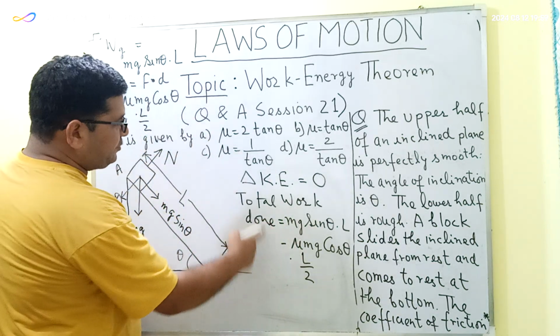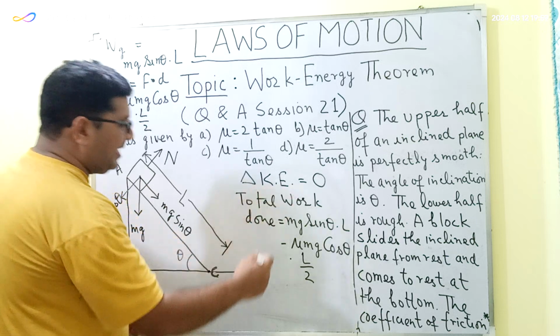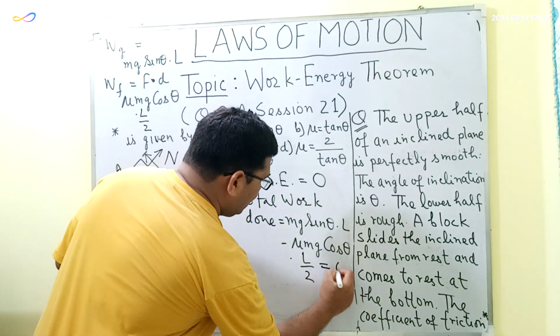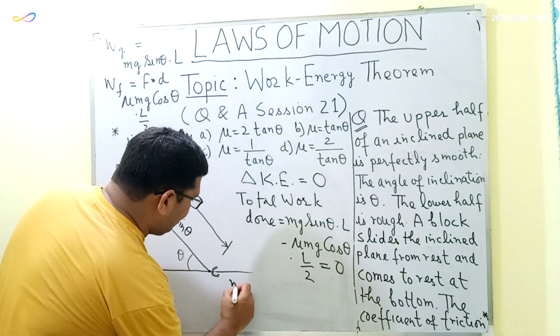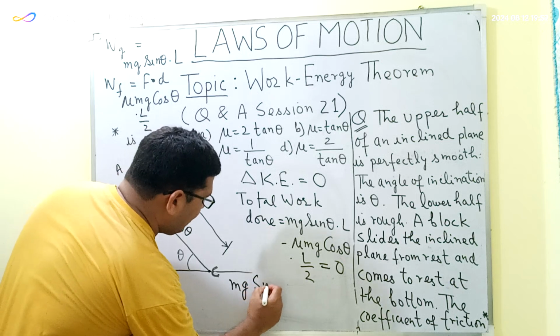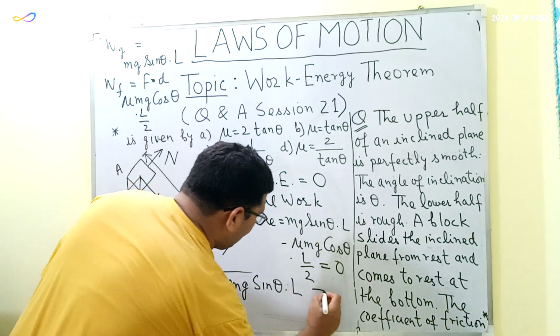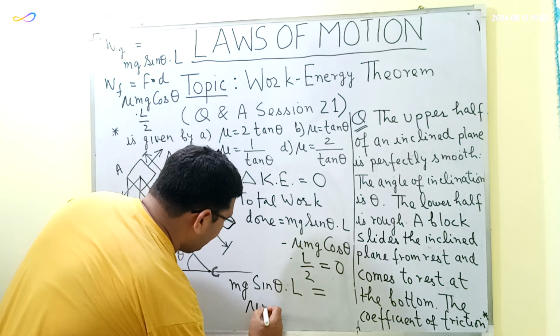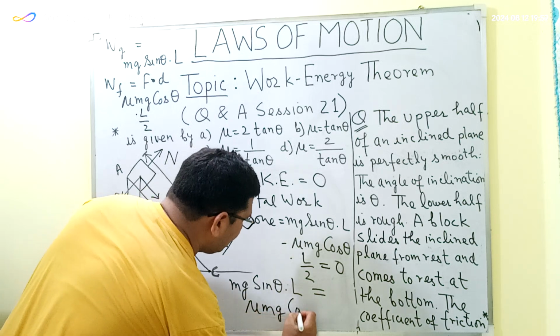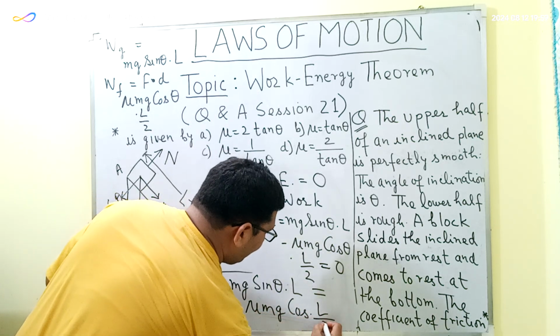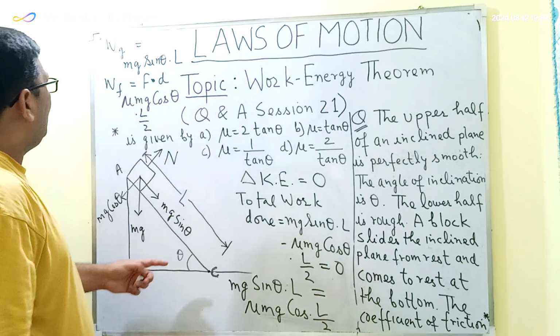Now this total work done will be equal to the change in the kinetic energy, which is equal to 0. So if I equate, from this equation, mg sin theta into L is now equal to mu mg cos theta into L by 2.